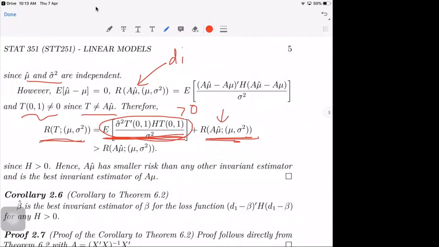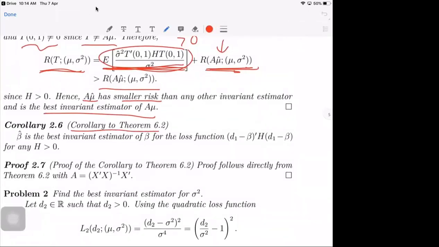So it means that for any competing invariant estimator, the risk associated with that is greater than the risk associated when using a mu hat. Hence, a mu hat will have a smaller risk than any other invariant estimator, and thus a mu hat will be the best invariant estimator for a mu.